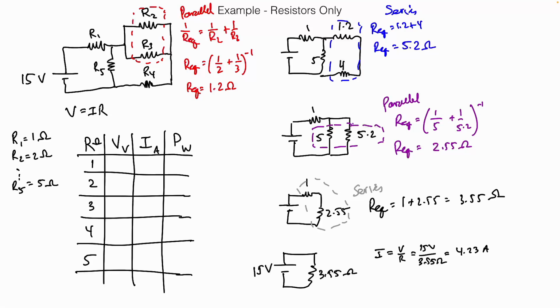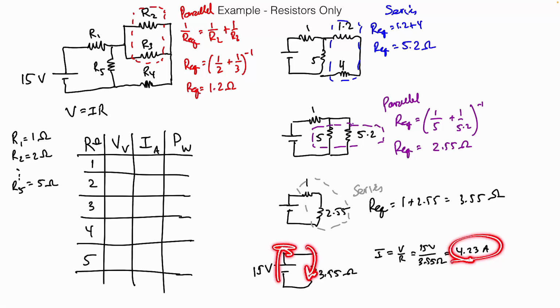Okay, so since we added in series, it says it right there, that means that the current has to be the same through the 1 and the 2.55. What's the current through the 1 and the 2.55? It's 4.23 amps, right? 4.23 amps is what's coming out of this battery and goes through the 3.55.